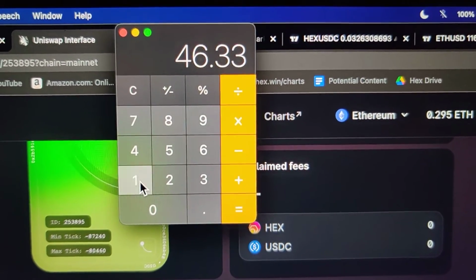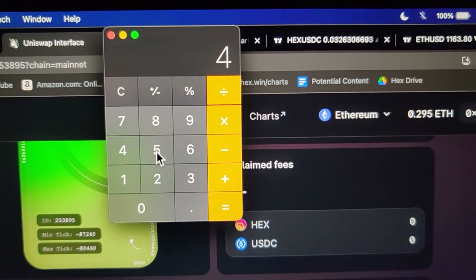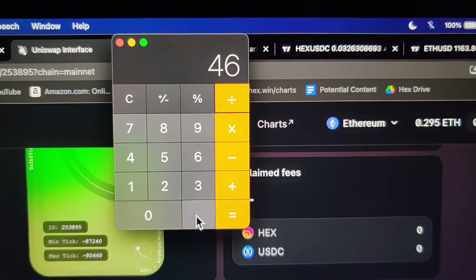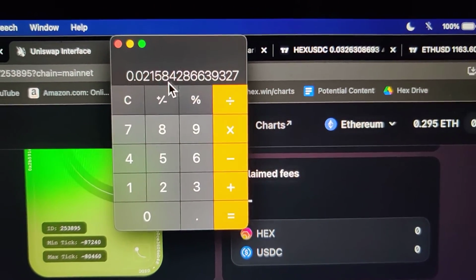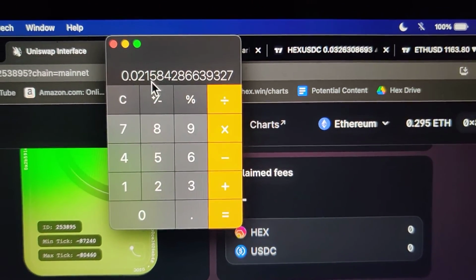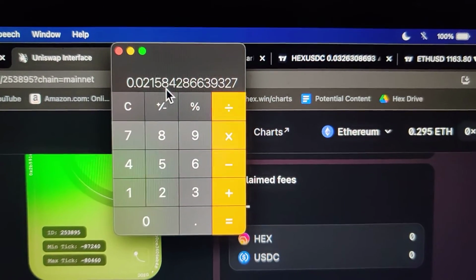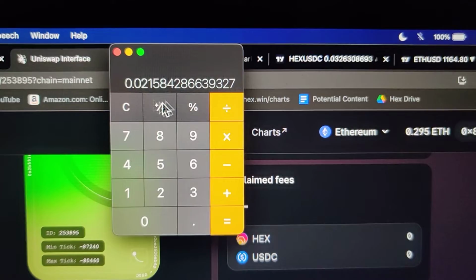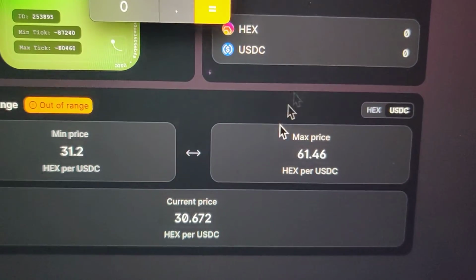So 1 divided by 46.33 equals. So I'll buy all of my hex at an average price of 2.158 cents. So that'll be the average purchase price.